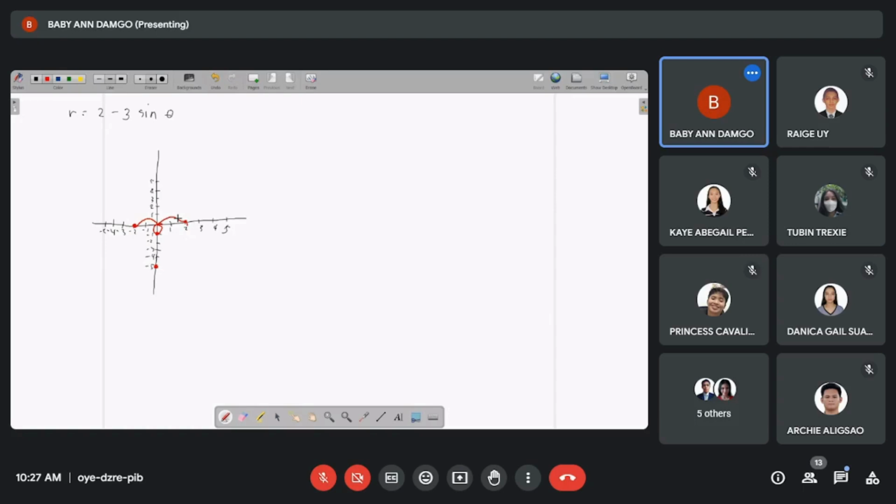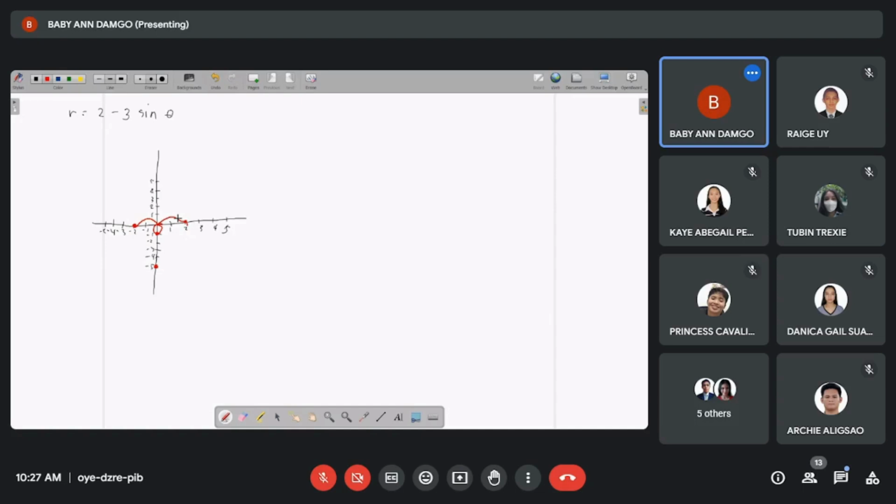This is negative 2 and positive 2. Okay, so since this is cosine, so this is symmetric to the polar axis. And then we have a negative b, so the graph is from the left here. So we have the inner loop. So this is 5 minus 2, so we have a 3. So nasya diri ang inner loop.